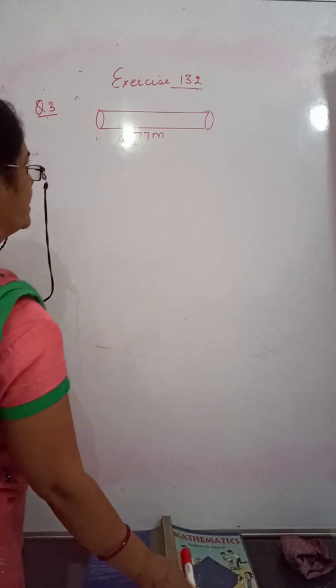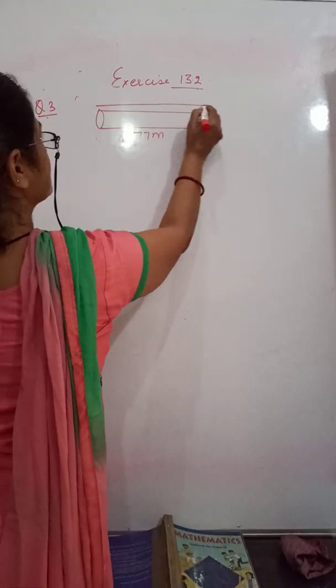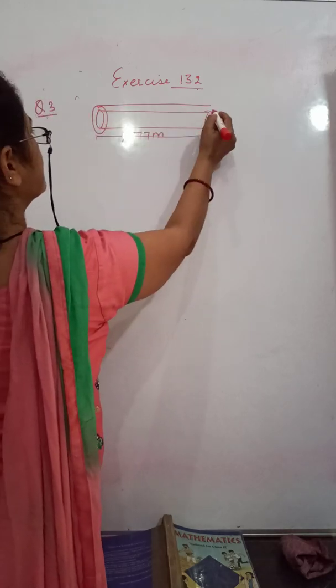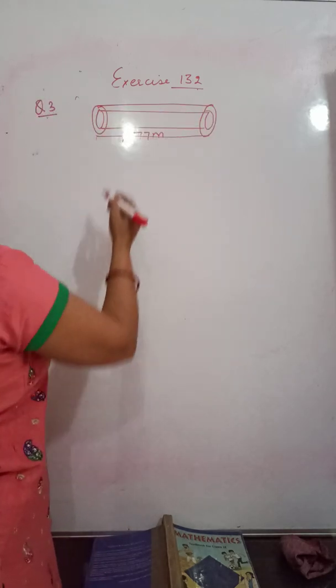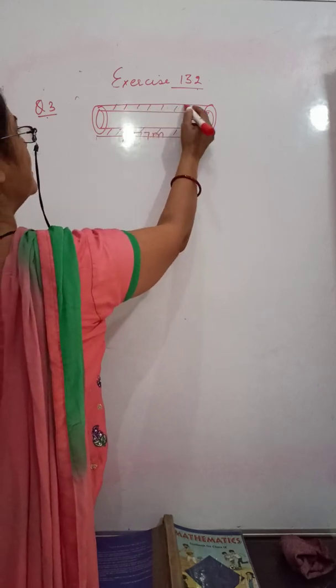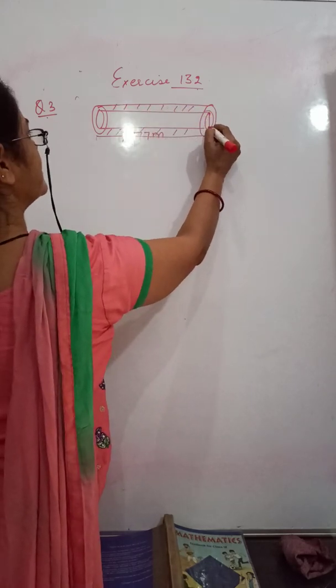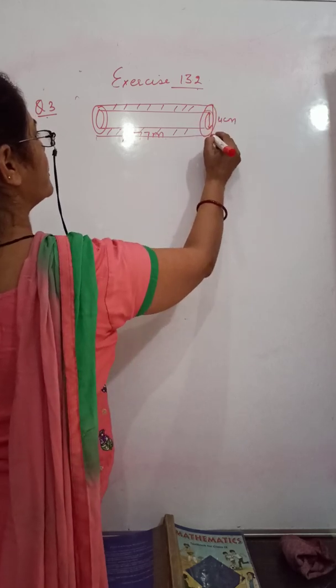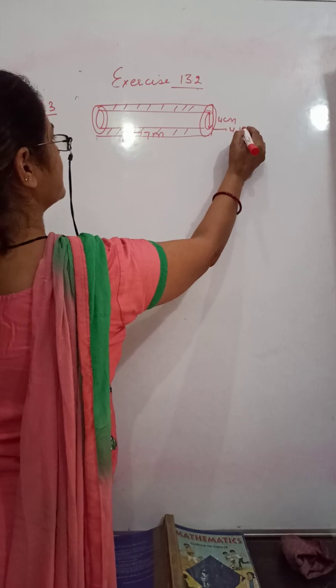Look, naturally, it is thick. Clear? Its inner diameter is 4 centimeter and outer diameter is 4.4 centimeter.